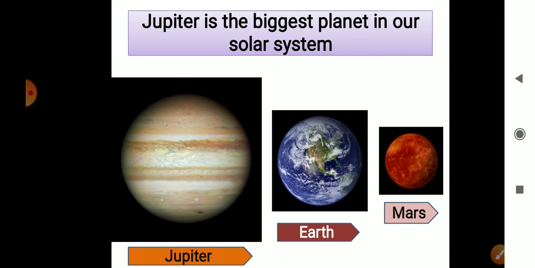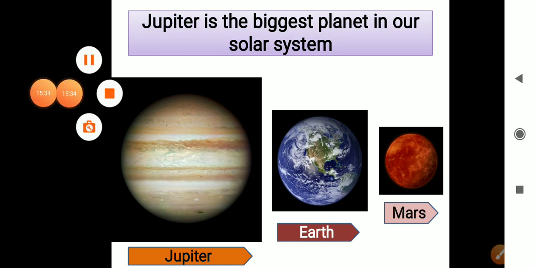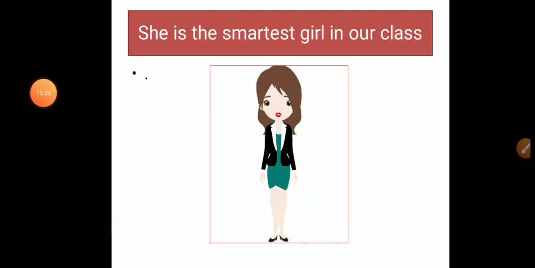Now next, one more example. She is the smartest girl in our class. Here the comparison is made amongst the group. So in the class no one is as smart as she.